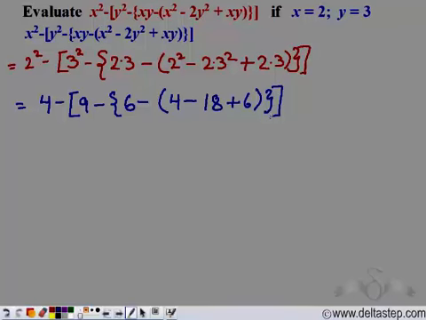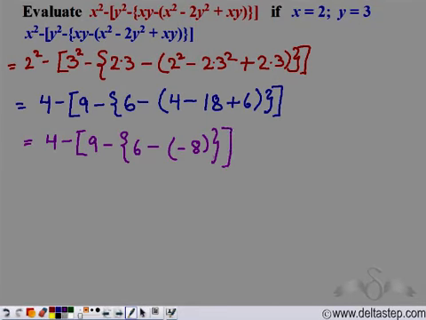So this is what we have. So we get 4 minus 9 minus 6 minus 4 minus 18 is negative 14. Negative 14 plus 6 is negative 8. So we have a negative 8 here.